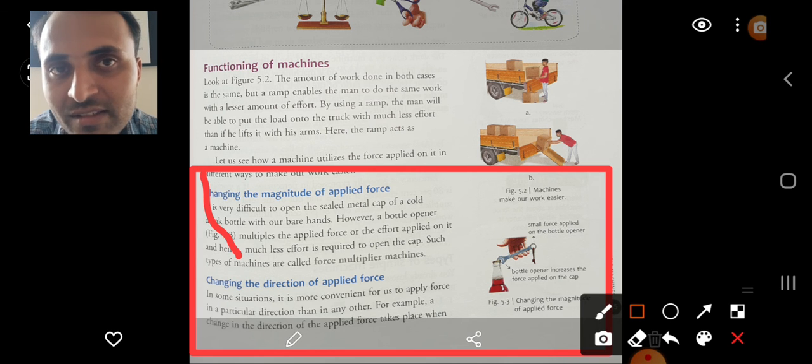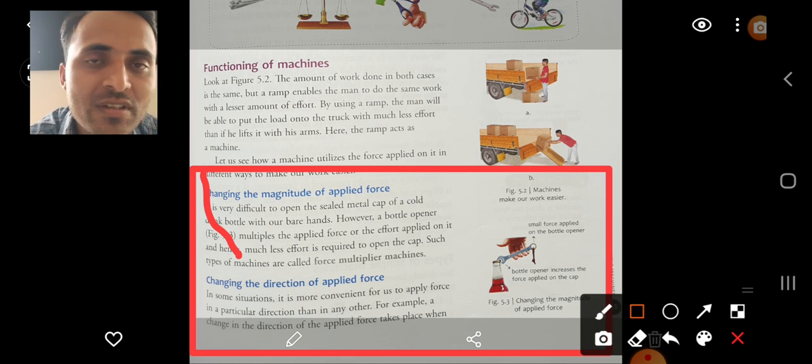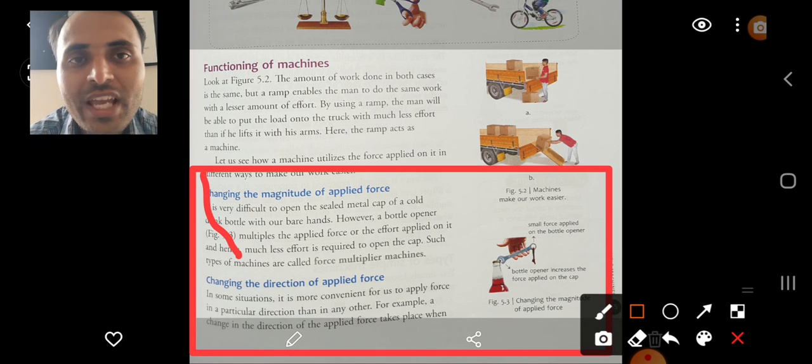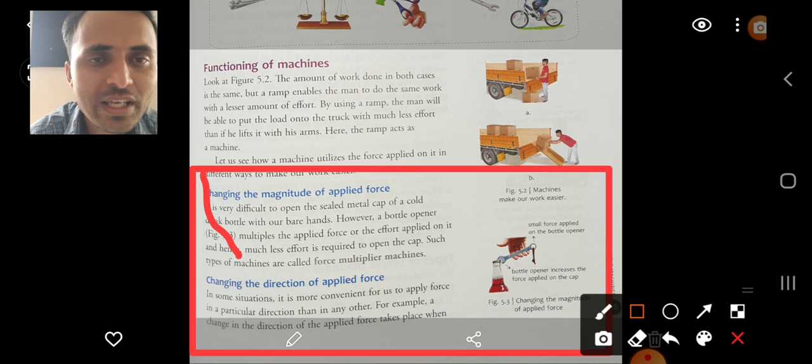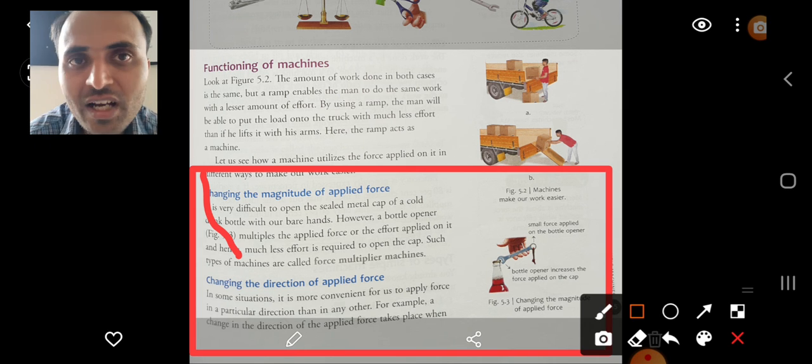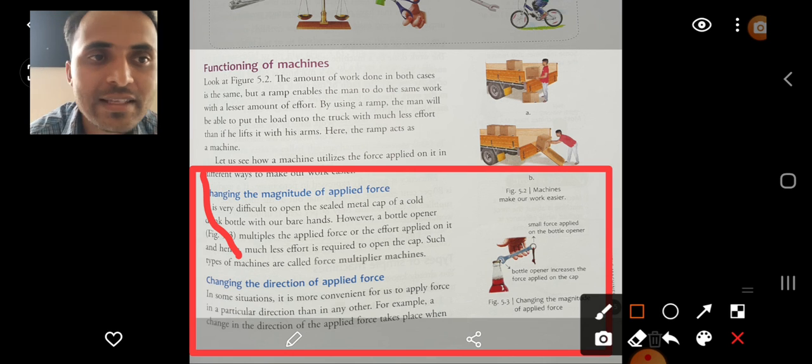With less force, with less effort, we are able to move heavy objects, or lift or lower them, so that your force is utilized in the proper direction. In other words, you are changing the magnitude of applied force. So the inclined plane is a simple machine which helps change the magnitude of applied force to make our work easier.